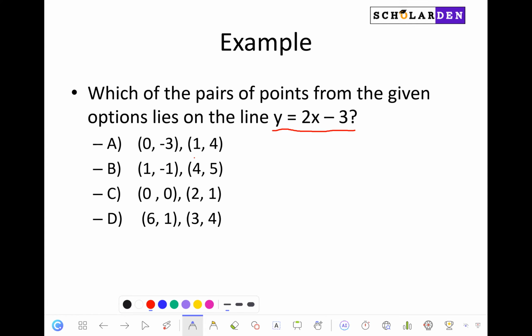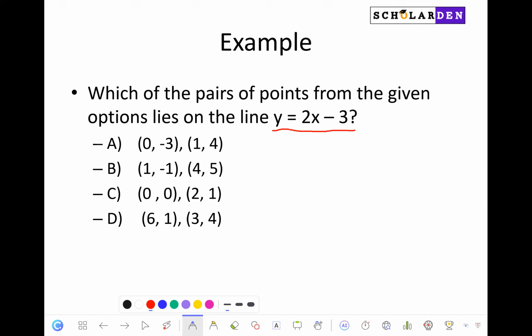So, for example, in this particular case, how do we identify which of these options are valid or invalid? First of all, we can check the slope. We understand that the slope of this line is positive 2.